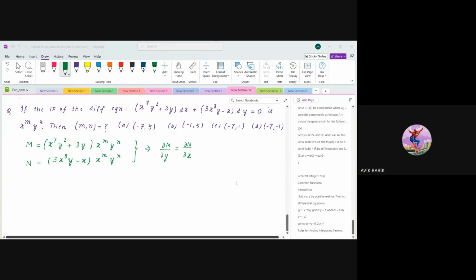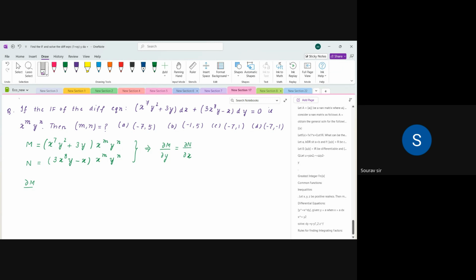n plus 2 into x to the power 7 y to the power n plus 1 plus 3 into n plus 1 into x to the power m y to the power n. Okay, that was a big expression. Let me just simplify this.